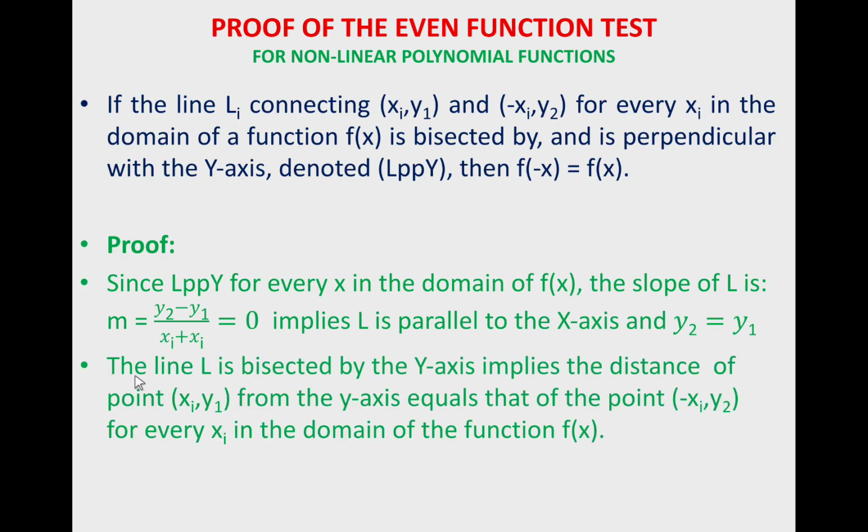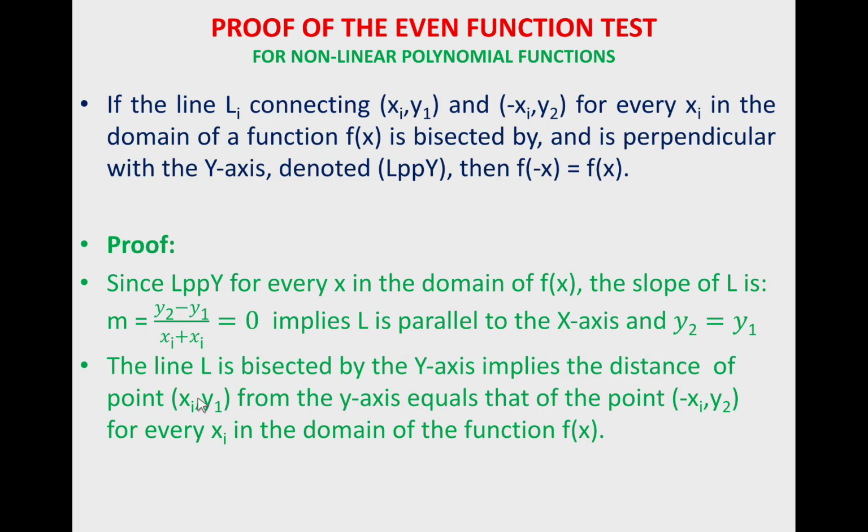Second point, the line L is bisected by the y-axis, and this is what we have done for the linear case because we're talking about the line. Okay, so the fact that it's bisected by the y-axis implies the distance between the object, which is x_i, y1, and the image of the object, minus x_i, y2, the distance from each of them relative to the y-axis is the same.